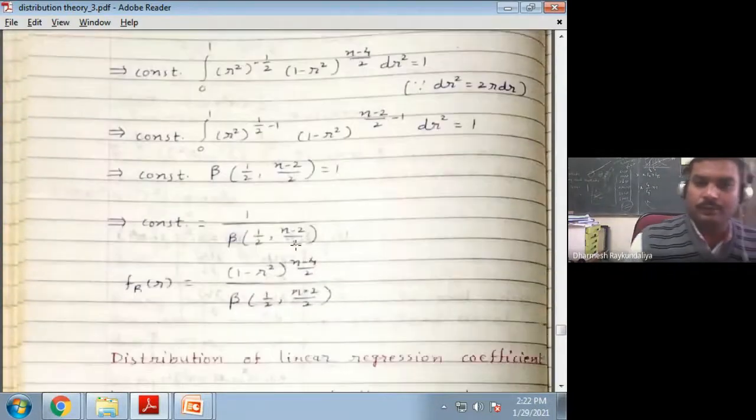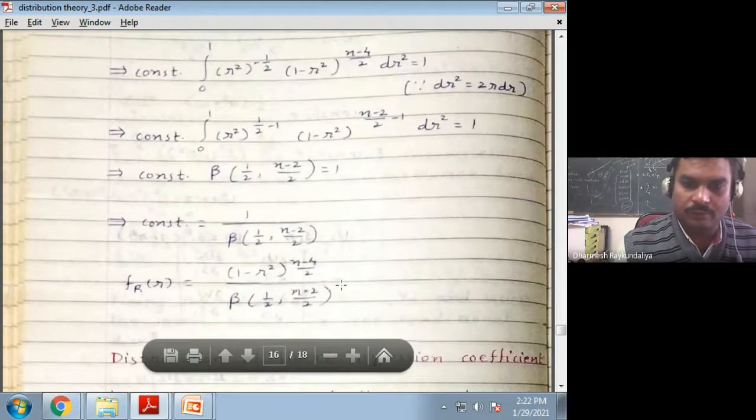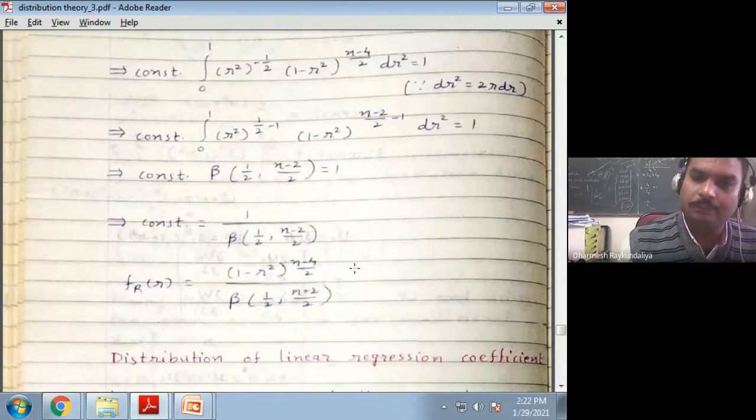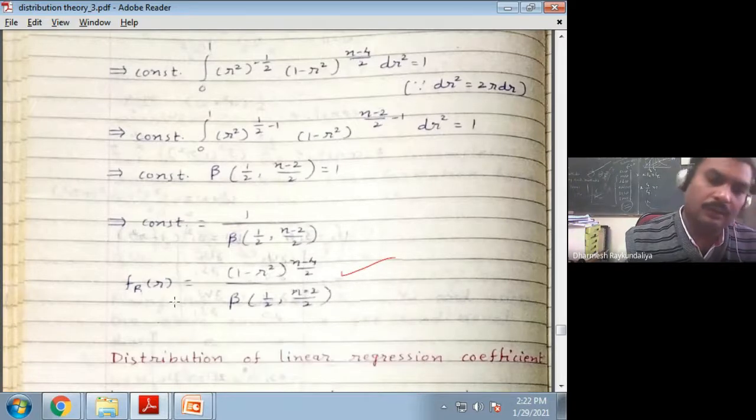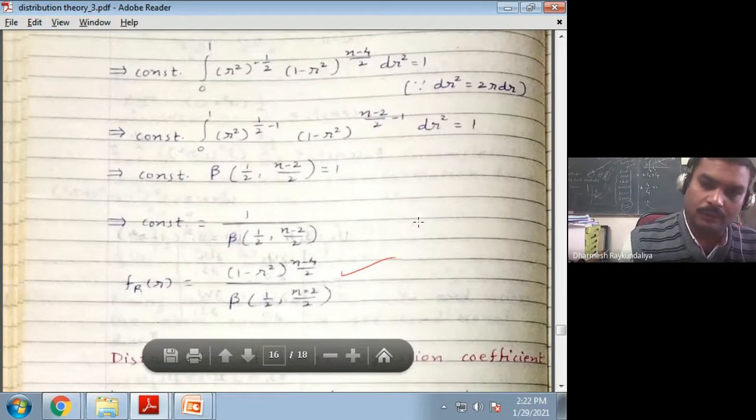So what is that distribution? The distribution of the correlation coefficient is beta 1 by 2, n minus 2 by 2. So we have obtained the PDF of the correlation coefficient when rho equals 0. This is said to be a null distribution.